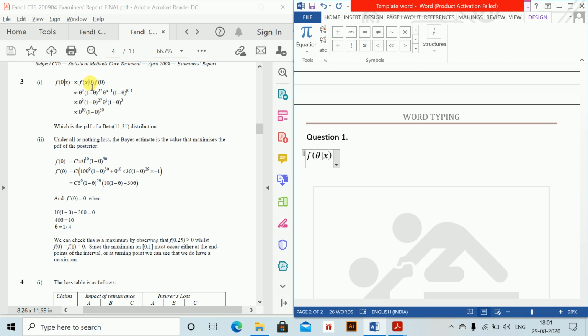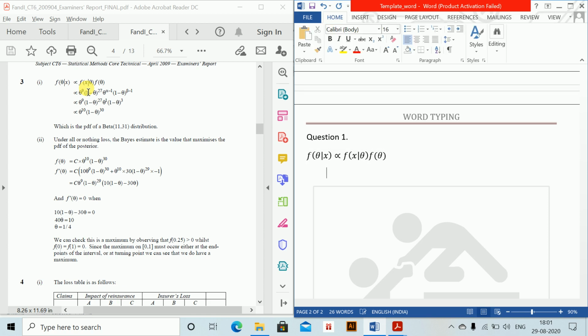Now you have to write this follows proportional to, so f of x given theta into f of theta.